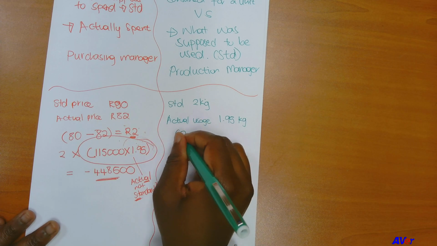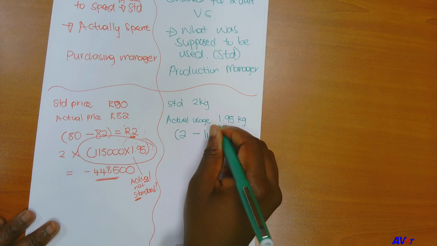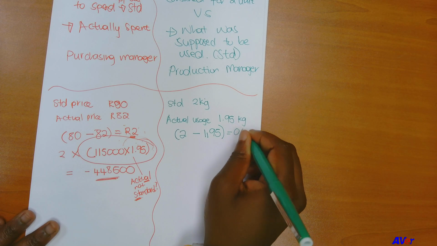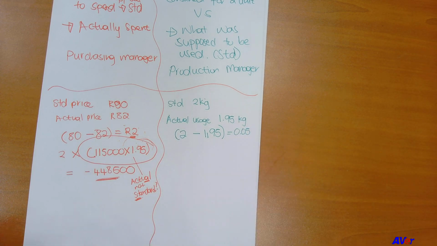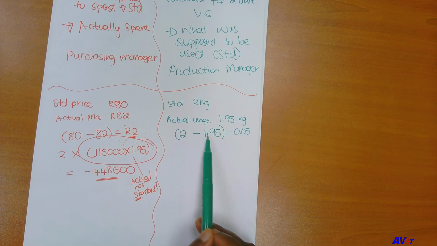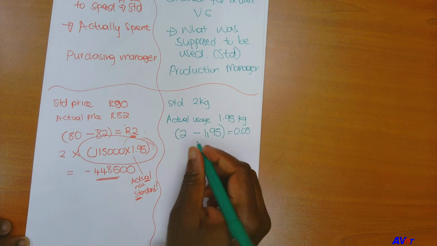So you went and used 1.95 kgs instead of 2 kgs, right? And the answer there is 0.05 kgs. So you spent 0.05 kgs less on 1 unit. So instead of taking only 2 kgs of material A to make 1 unit, you only took 1.95 kgs for 1 unit. Okay, now that is all good.